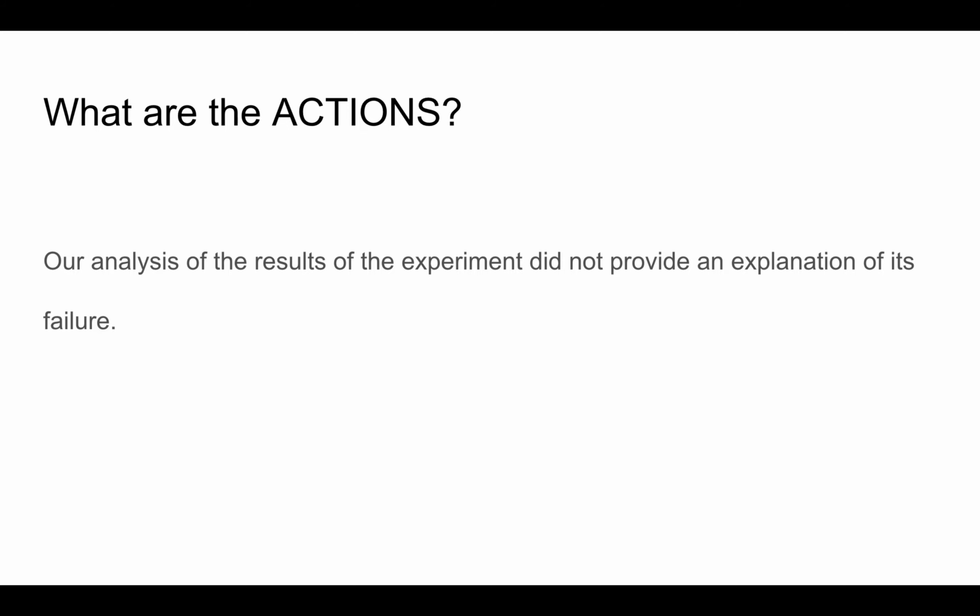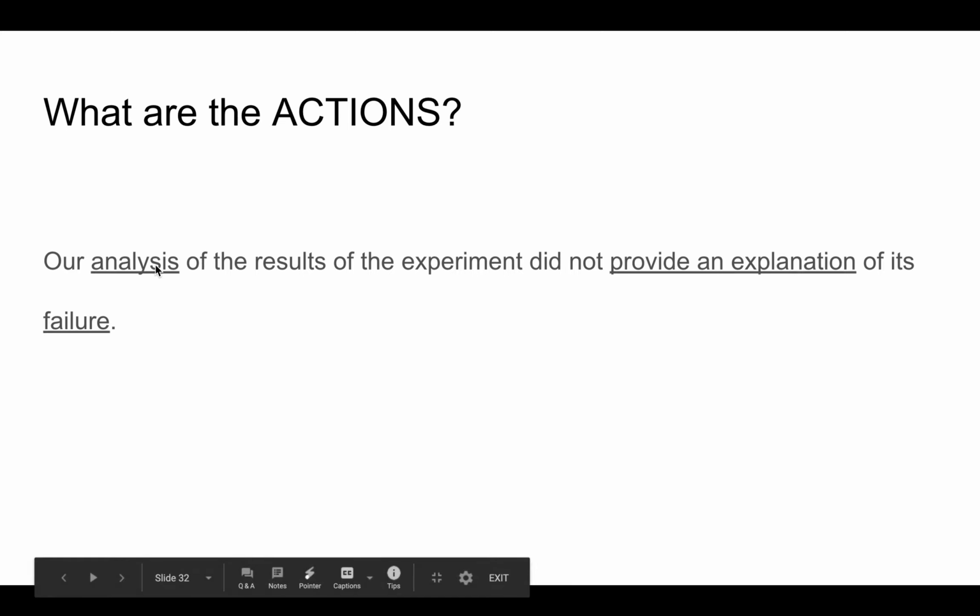So let's go back to our original sentence and see how we can diagnose this using this principle of clear writing. Okay. Our analysis of the results of the experiment did not provide an explanation of its failure. What are the actions? This might be harder to visualize than the Little Red Riding Hood example, but if you were to close your eyes and visualize this sentence, what actions are being performed or were being performed? You see it? Here they are.